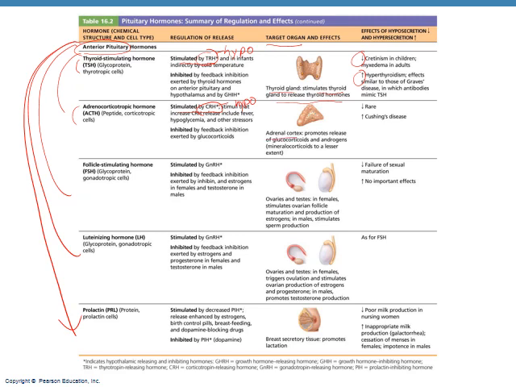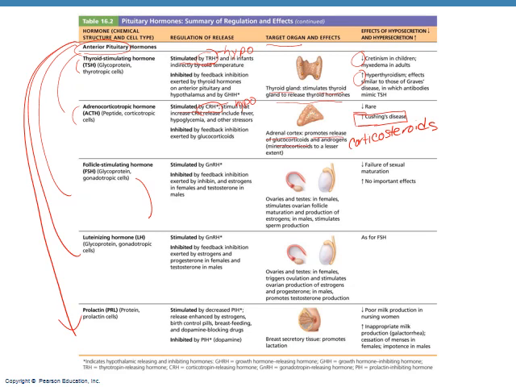Where does it go? It goes to the adrenal cortex, and it promotes the release of glucocorticoids, mineralocorticoids, which we'll get into later, but we really call them corticosteroids. So if you want to use that term right now, that's fine. What happens if you have too many, or what happens if you have too few? So we'll talk more about Cushing's disease when we get to adrenal glands, so just hang on.